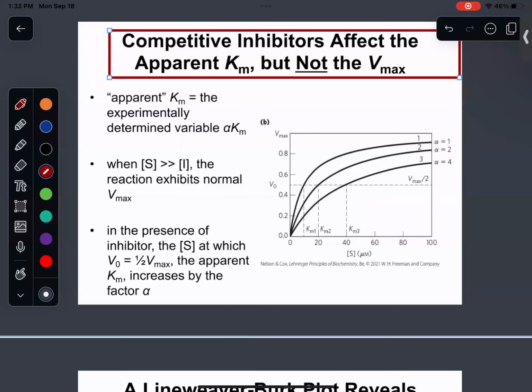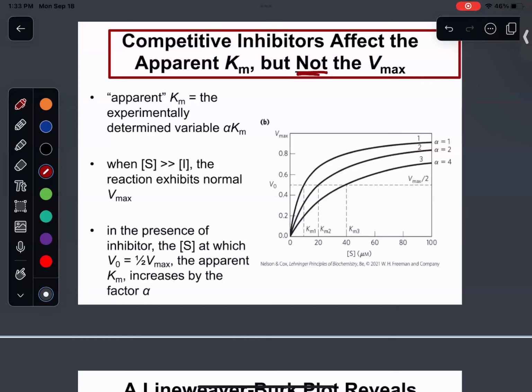This tells you what you need to know about competitive inhibitors in terms of the apparent KM and the Vmax, right? So competitive inhibitors will affect the apparent KM, but will not affect the Vmax. Now, the reasoning behind this is that, like I just said in the last slide, enough substrate relative to inhibitor is often enough to overcome the inhibitor.